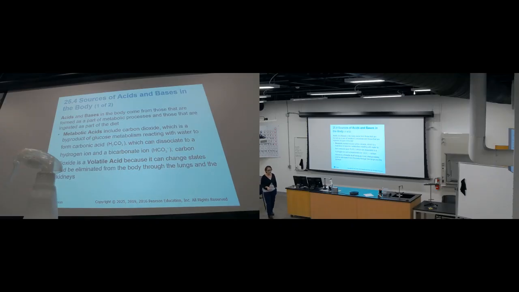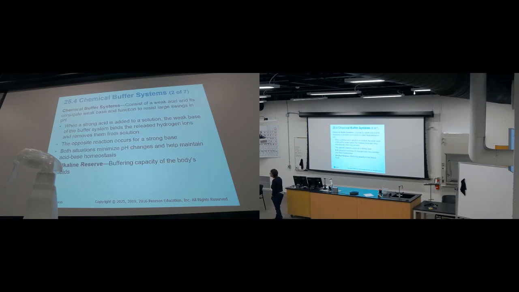And this carbonic acid, by the same enzyme, can be broken down into hydrogen ions and bicarbonate ions to maintain a specific concentration of hydrogen ions, which is necessary for the function of different enzymes. And then carbon dioxide is considered a volatile acid because it can change states from liquid form into a gas in the lungs. And then this can be eliminated from the lungs during exhalation, and you can return to normal levels of CO2.